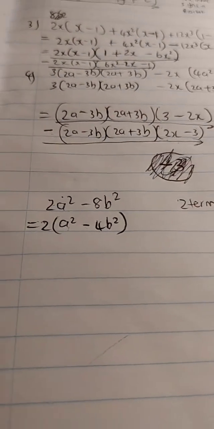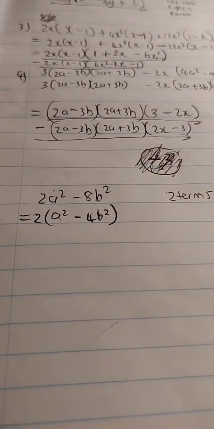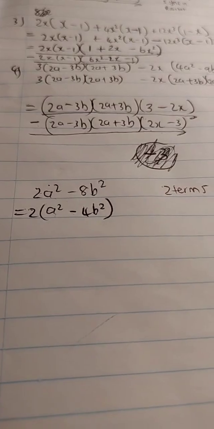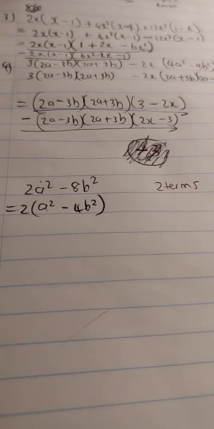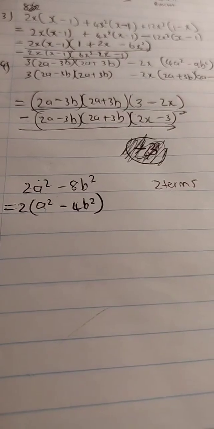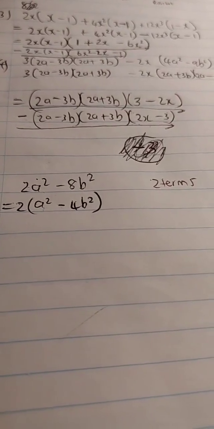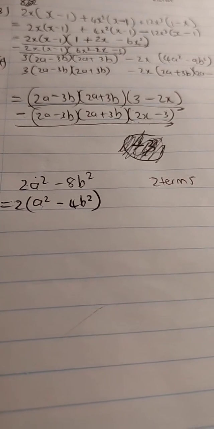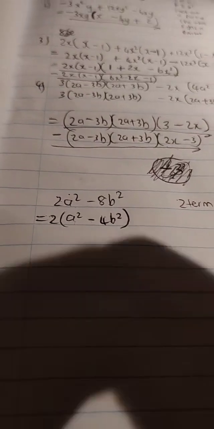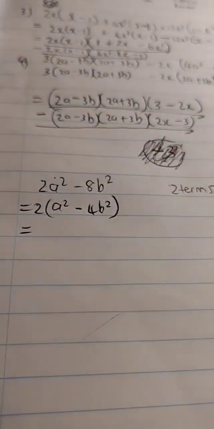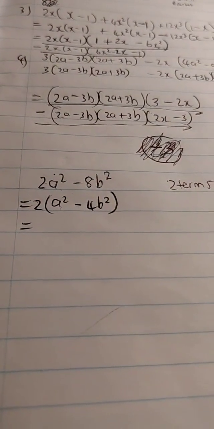So 2 into a squared minus 4b squared. Now, next step.